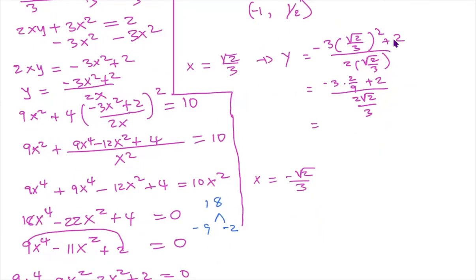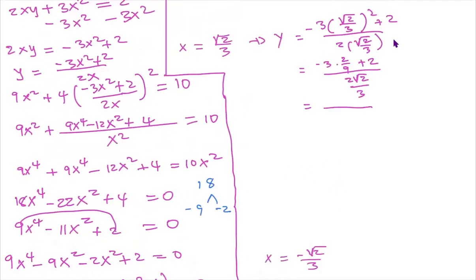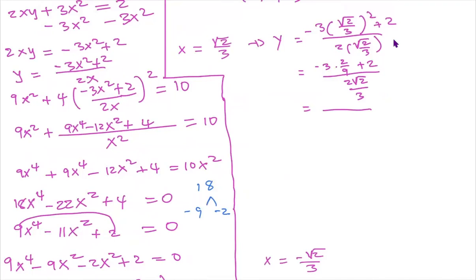I guess this one needs to go lower, because we're going to need more room. So that is y equals -2/3 plus 2 over 2 times square root of 2/3.